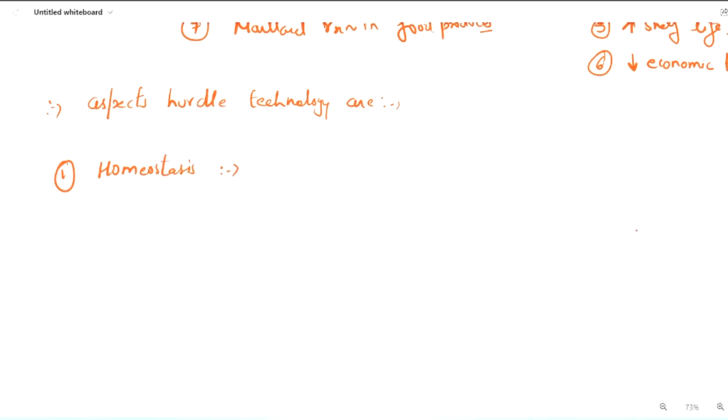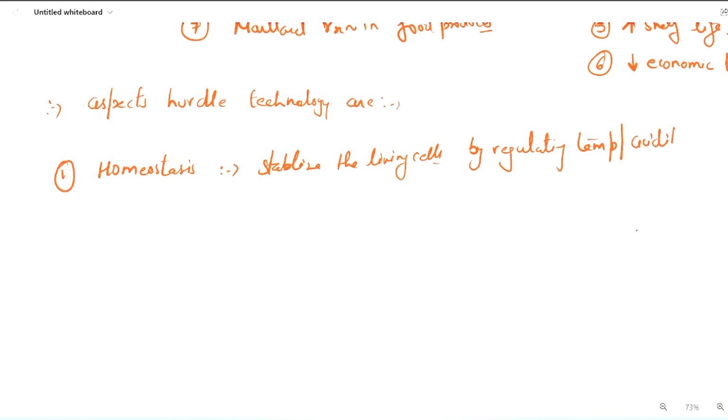Homeostasis stabilizes the living cells by regulating temperature and acidity balance in the food material.